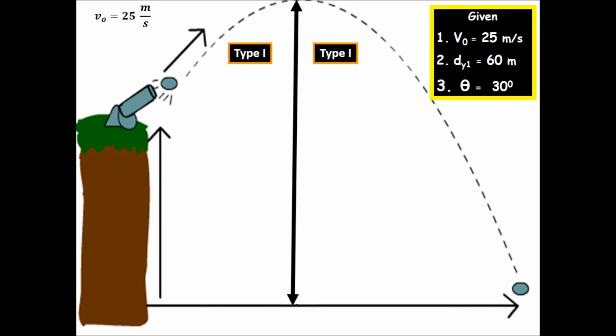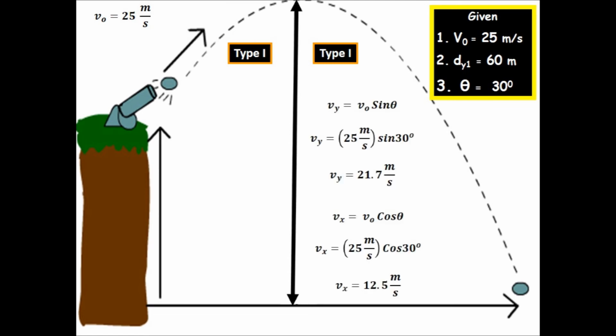The next problem: 25 meters per second on a hill 60 meters tall, dy1, and then theta is 30 degrees. Solving for Vx and Vy using V naught sine theta and V naught cosine theta, you get Vy is 21.7 and Vx is 12.5.